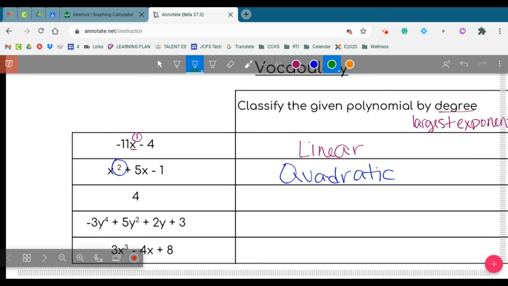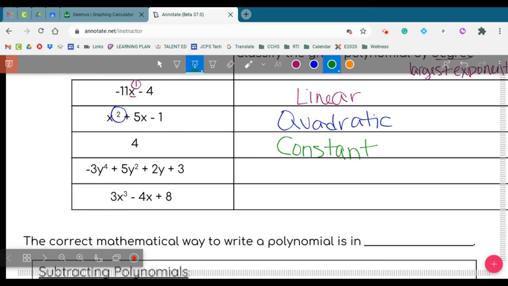If there's no variable, this is called constant. Our next one, our biggest exponent is 4, so this would be quartic. And our last one, our biggest exponent is 3, so this would be cubic.